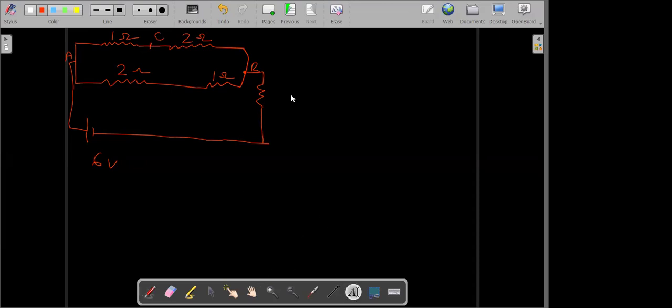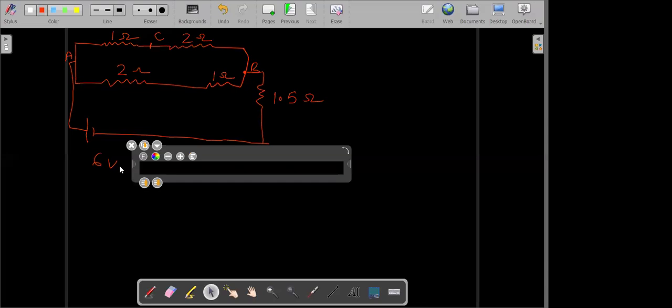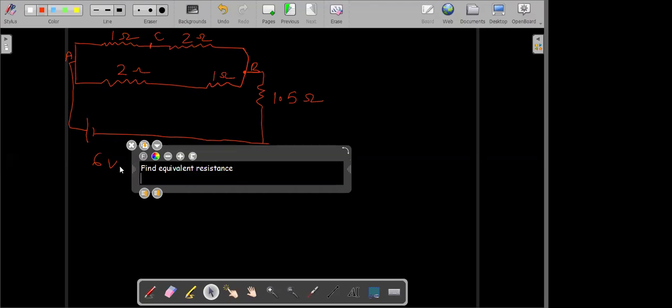You have to find out, of course, the equivalent resistance. Everyone do this. Find the equivalent resistance.